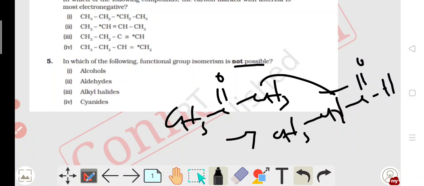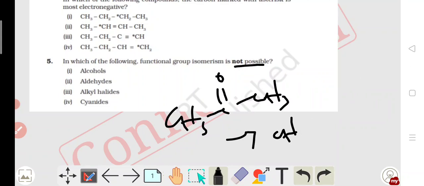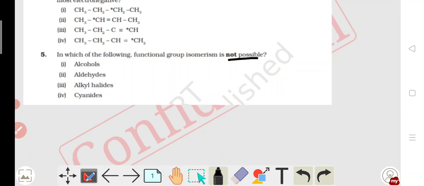Isomerism is same molecular formula but difference in arrangement of the functional group, so ketone can be converted to aldehyde. Such a group has to be identified which is not changed from one to another. Alcohol, first option, also changes to ether. Some aldehyde, some 1 degree aldehyde converted to ketone.